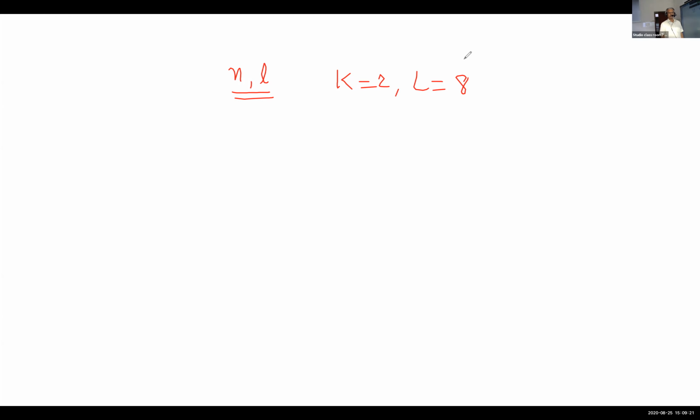The orbital-wise arrangement of electrons is given by a principle known as the Aufbau principle, A-U-F-B-A-U, which you read as Aufbau.